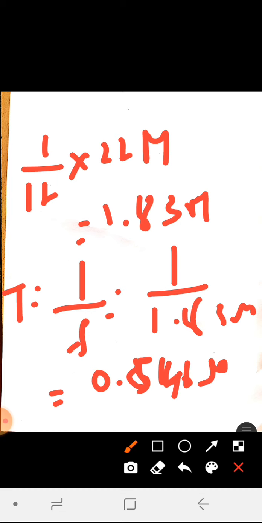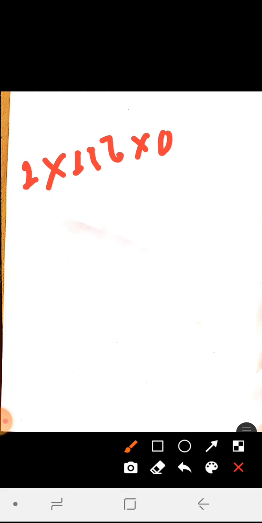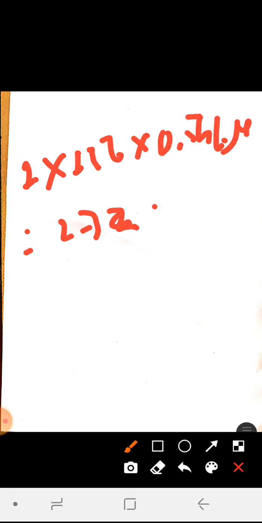So this 0.546 microsecond is the period with the crystal frequency of 22 mega. So for both the high and low portion, we'll go like 2 into maximum 256 into 0.546 micro, which is equal to 279.5 microsecond.